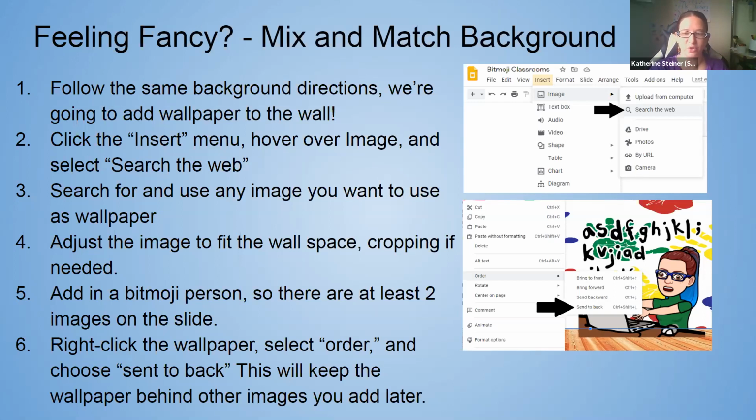So you need to right click the wallpaper, or command click if you're using a Mac, and click order and send to back. Otherwise, you're going to have things that fall behind that picture, and you need to make sure that image stays in back of whatever you're doing, so it continues to be a wallpaper and you don't lose other things.